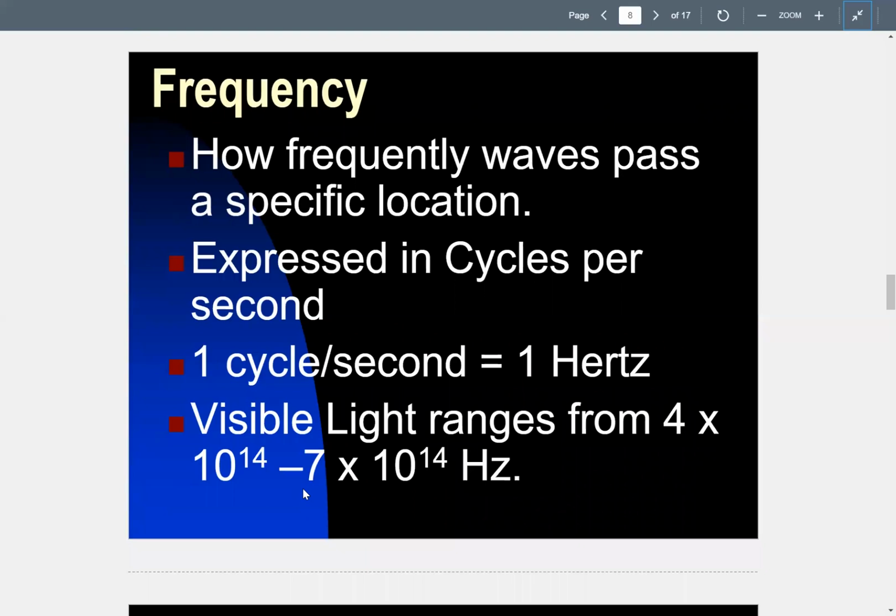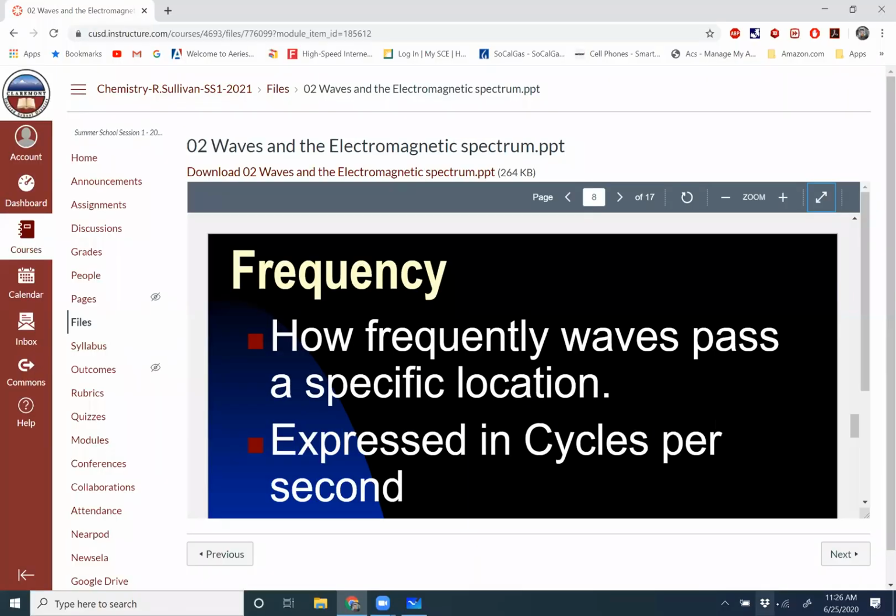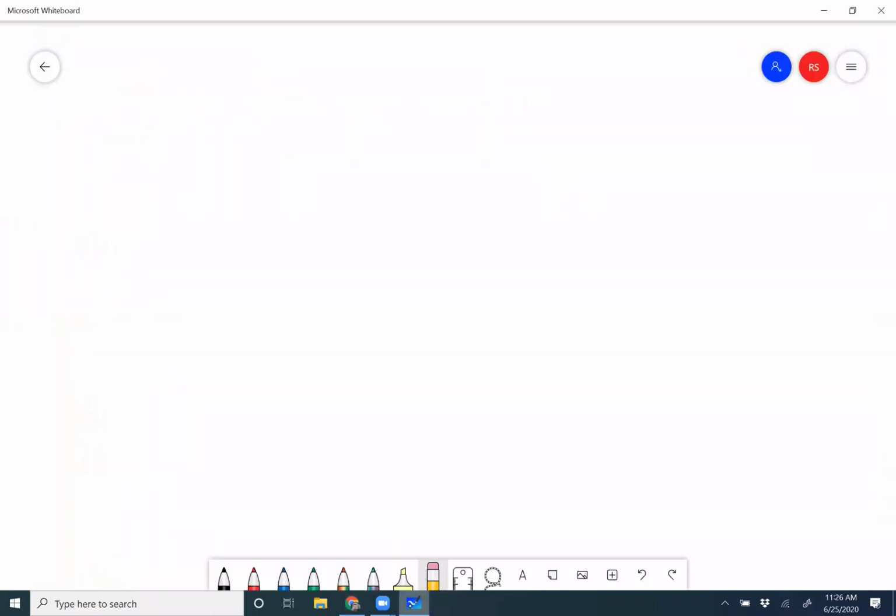So let me draw it for you. We already have wavelength. Wavelength is lambda, and it's measured in meters or nanometers.